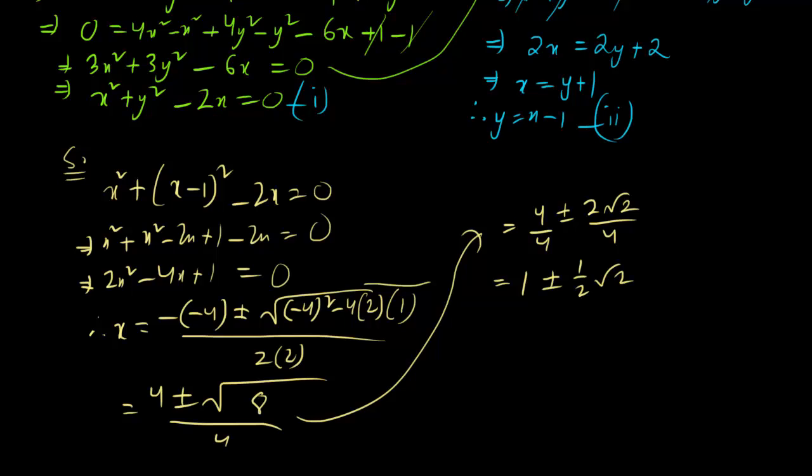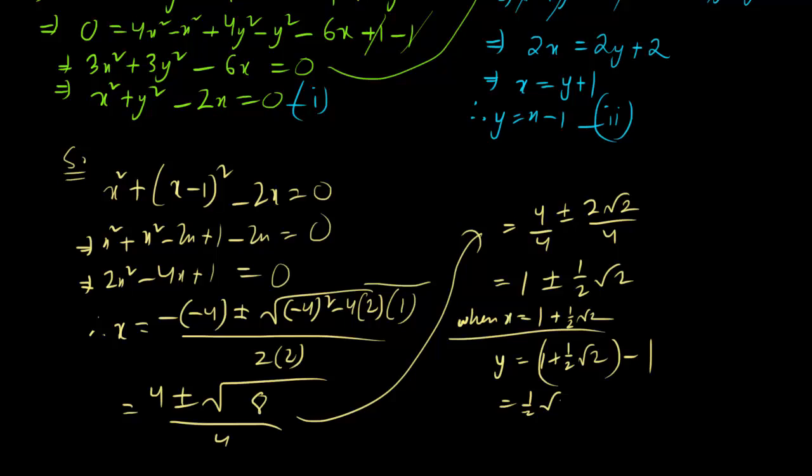So the y coordinate is going to be, when x equals 1 plus half square root of 2, y equals 1 plus half square root of 2, meaning x, minus 1. So 1 minus 1 cancels off. It will be half square root of 2.